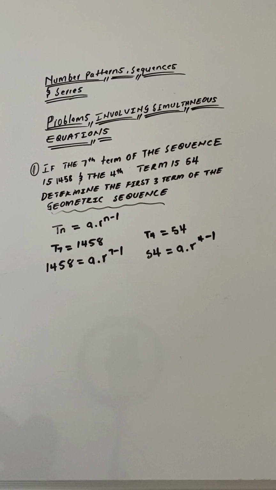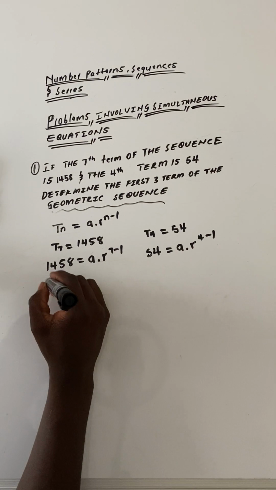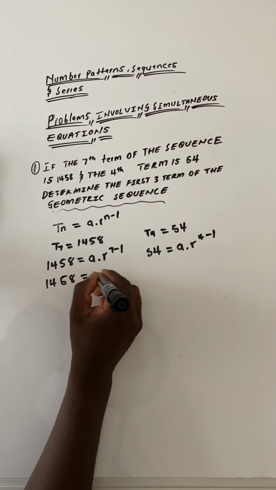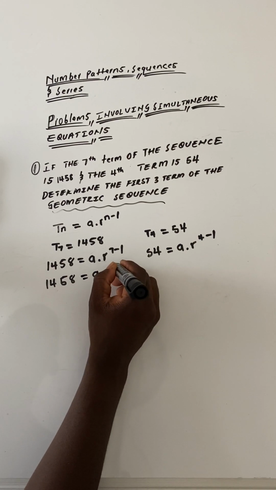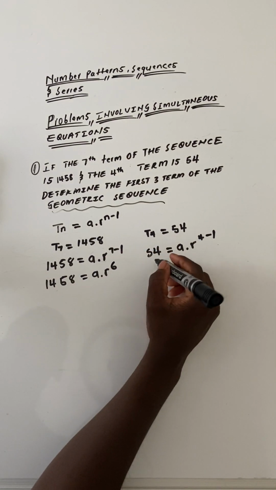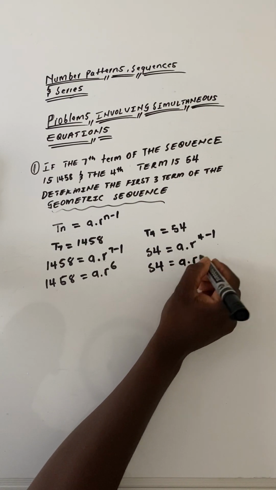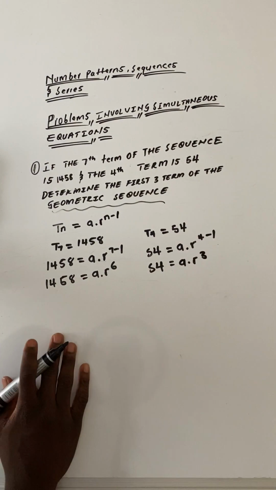Now we are forming two separate equations from the information given. Let us simplify: 1458 is equal to A times R to the power 6, because 7 minus 1 is 6. Then 54 is equal to A times R to the power 3, because 4 minus 1 is 3.